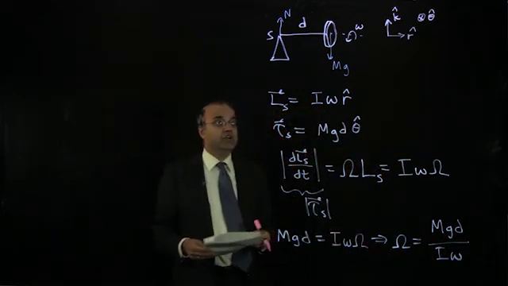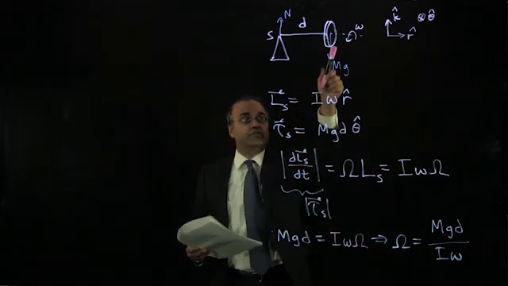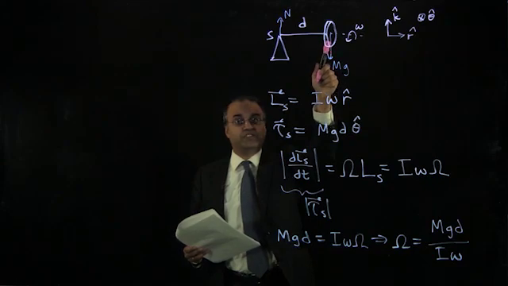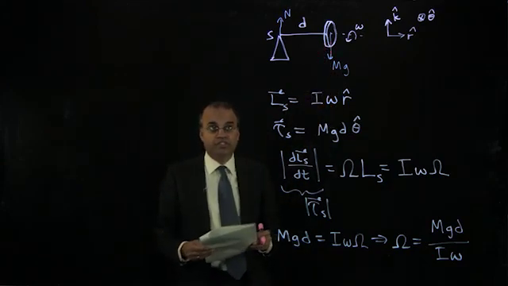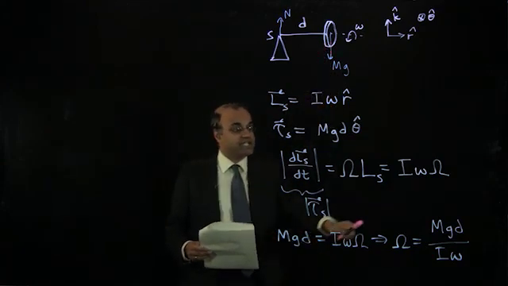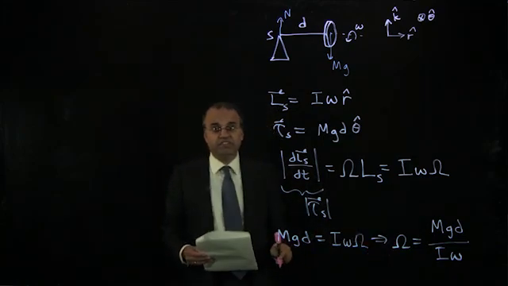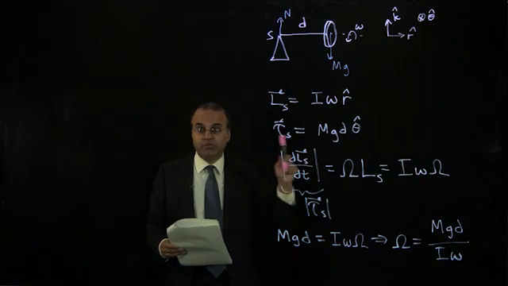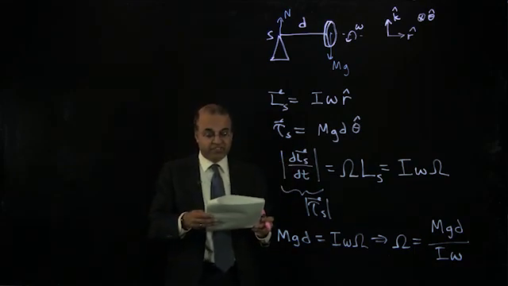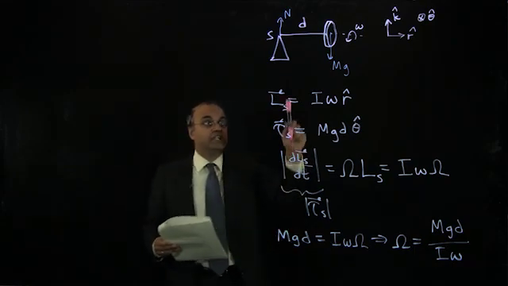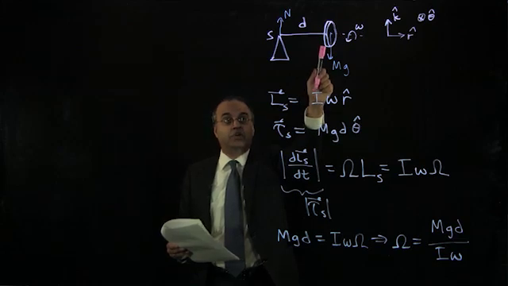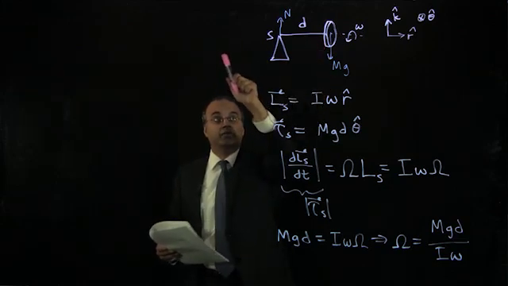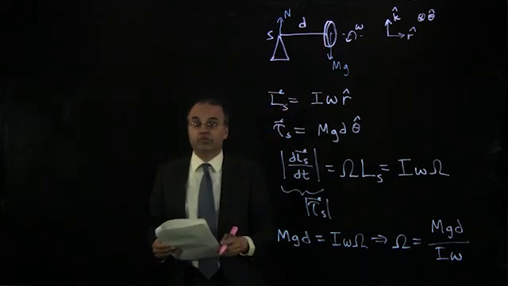Now recall, little omega is the angular speed of the spin of the disk or the wheel. Capital omega is the angular speed of the rotation of the angular momentum vector. It basically tells us the speed at which the center of mass of the wheel orbits around the vertical axis through the pivot.